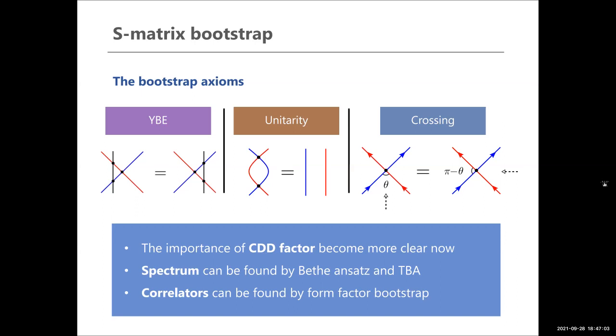And correlation functions are very difficult in TTbar deformation. Even now, we don't have a very good understanding of correlation functions in TTbar deformed theories. Cuddy has a flow equation for correlation functions, but it's not explicit enough for us to extract useful information from it.